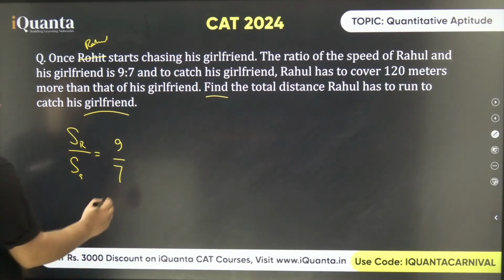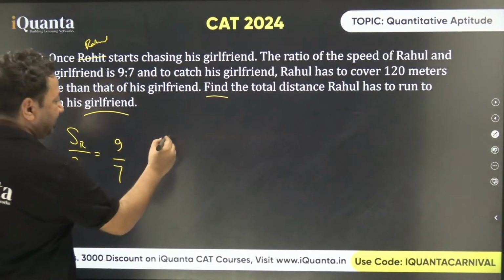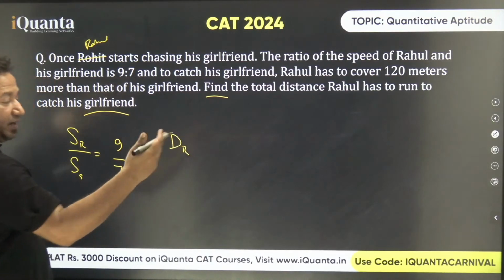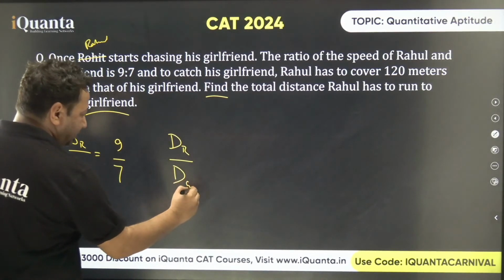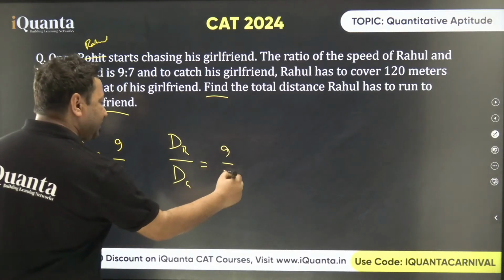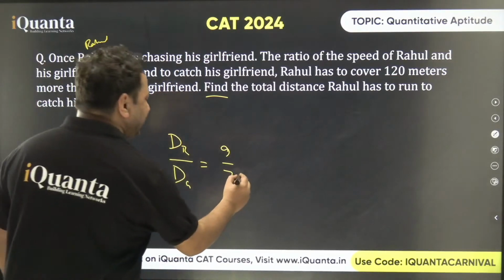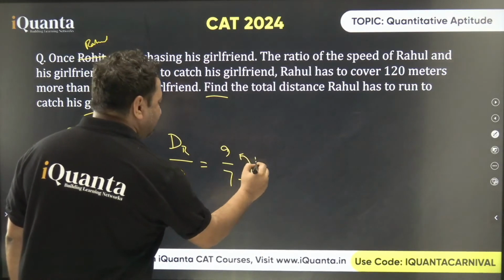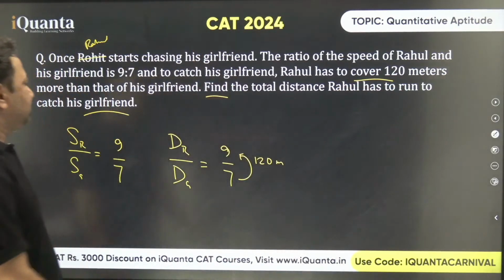That means, now here we have to find distance, time is not given. That means distance to be covered by Rahul and distance to be covered by his girlfriend is also 9/7 because speed and distance are directly proportional. यहाँ पे inverse नहीं होगा. Am I clear? Speed and distance are directly proportional. So this thing is equal to 120 meters according to the question.